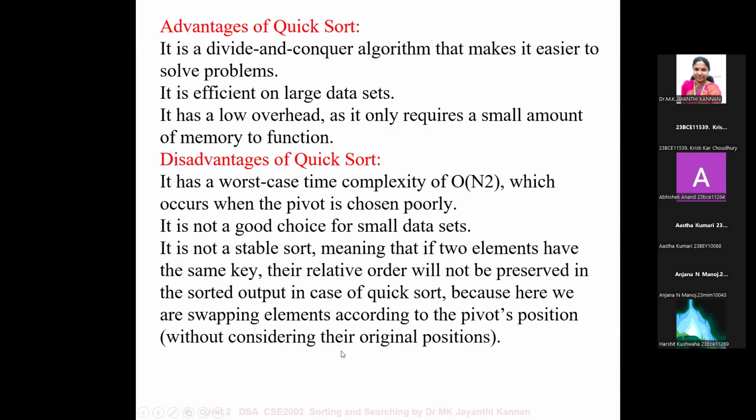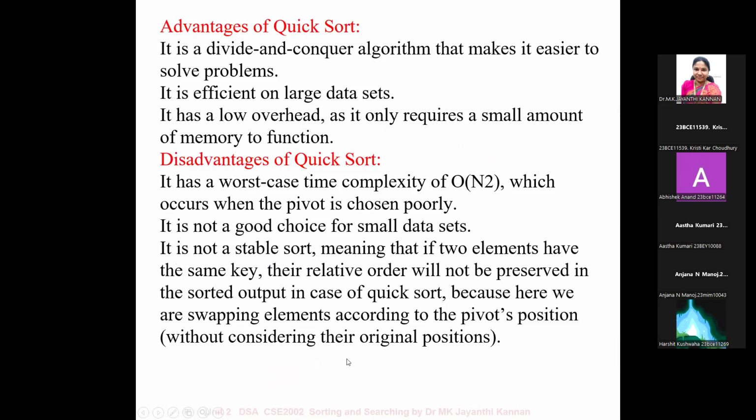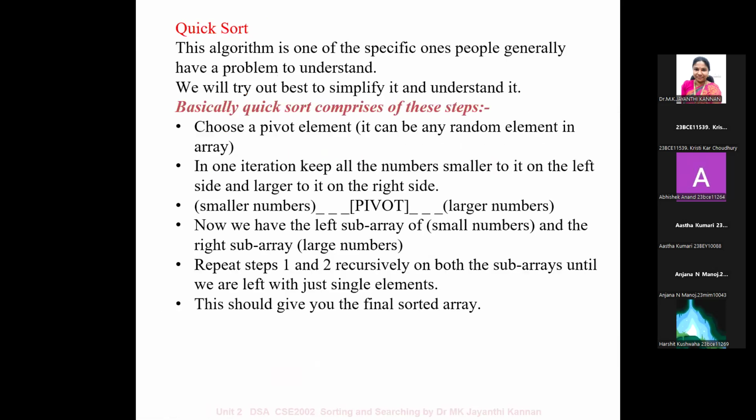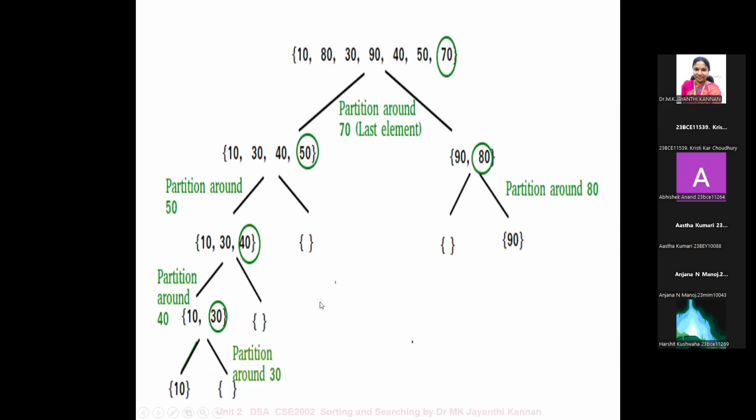It has its own advantage and disadvantage, and we need to remember the computational time in the worst case and the average case. In the worst case, it is order of n square. In the best case, it is order of n log n. Algorithmic steps, an example.